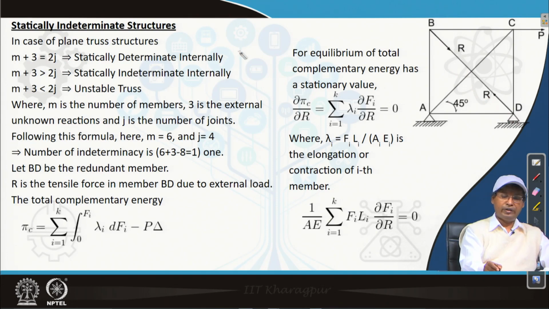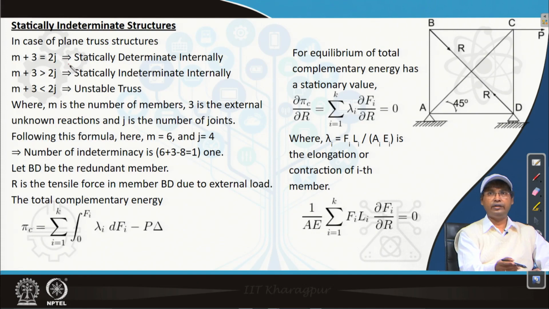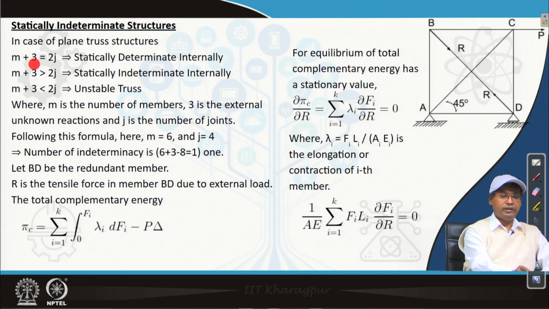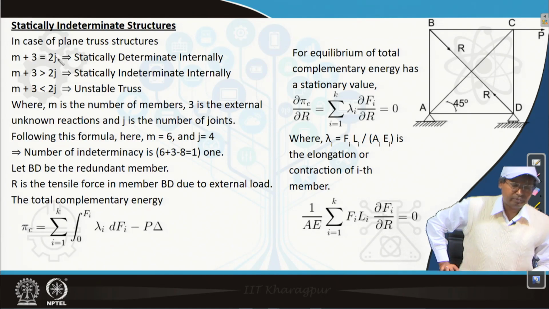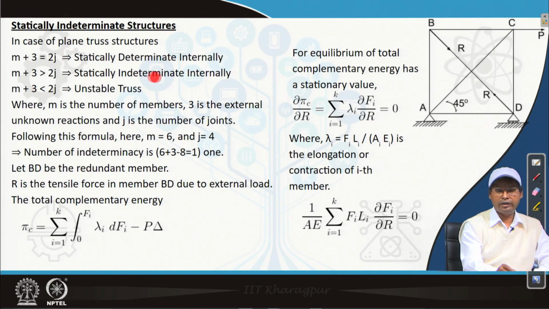This thing is repeated, but there is no harm in repeating, because these very easy questions are frequently asked. m plus 3 equals 2j is the condition for a structure to be statically determinate internally. If m plus 3 is greater than 2j, it is indeterminate; if it is less, it is an unstable structure.